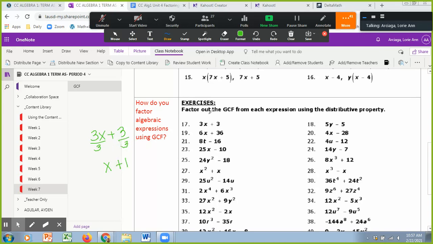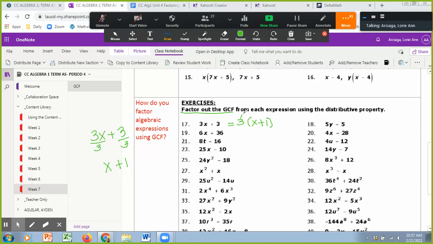So when you write down the answer, it says factor out the GCF. So you're going to put the GCF, which is what you divided them by, so 3. And then you're going to put the remainder inside the parentheses. So 3 parentheses x plus 1. Why?